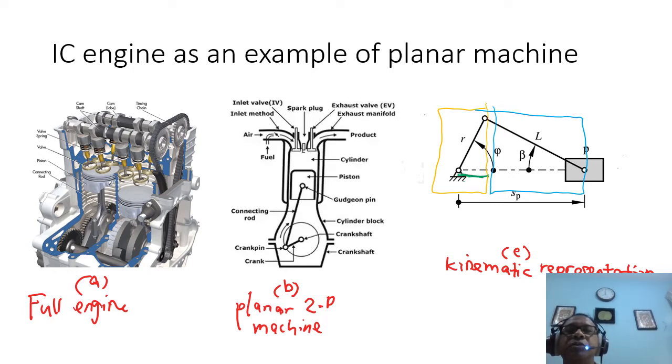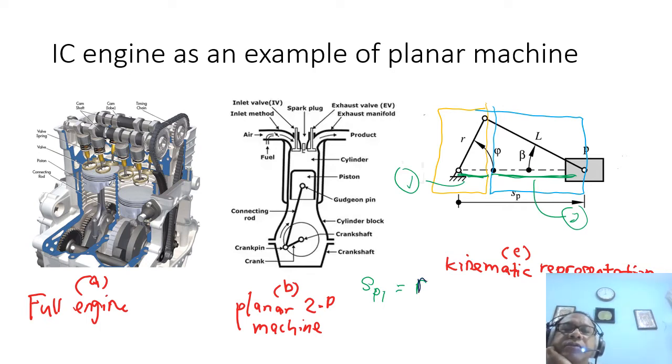This is, let's say, component 1, and this is component 2. If you want to find component 1, we can look at that triangle and say component 1 is SP1, for example, which equals R. Let me write it here. SP1 equals R, which is the crankshaft radius, cos phi.